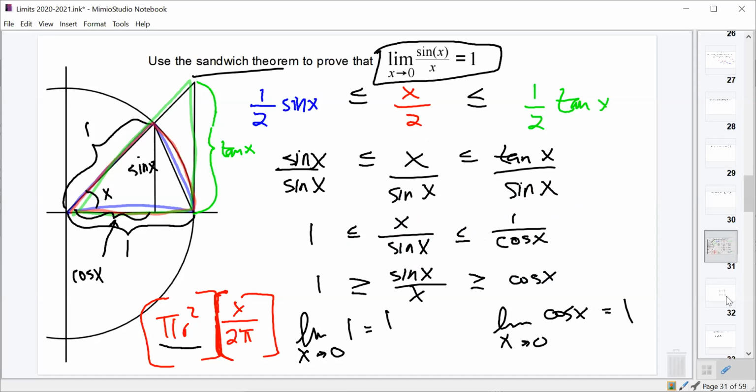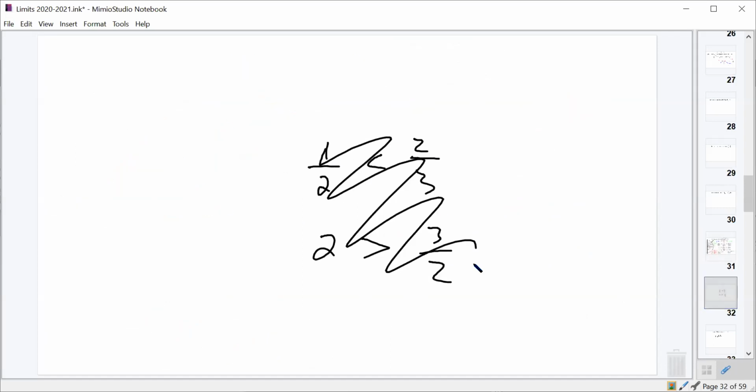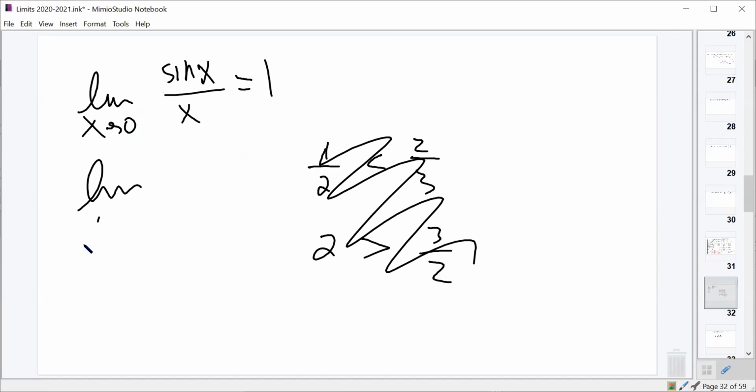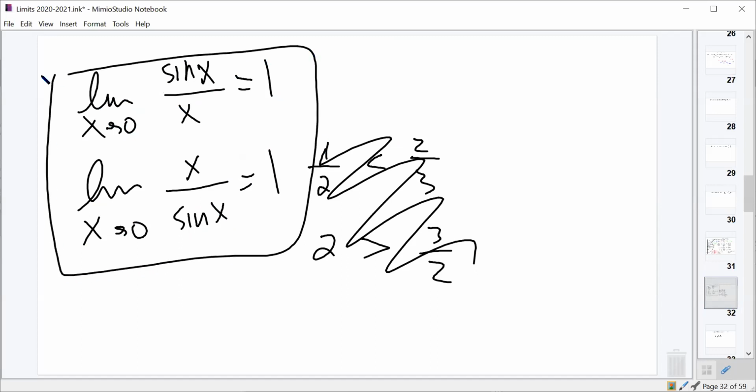And so for right now, we can get rid of this here for a second. I want you to make sure that you commit those two to memory. The limit as x approaches 0 of sine x over x equals 1, and the limit as x approaches 0 of x over sine x equals 1. These are two that you're going to need to know, and you're going to need to use them over and over again.